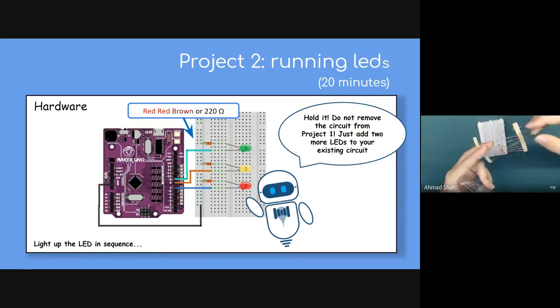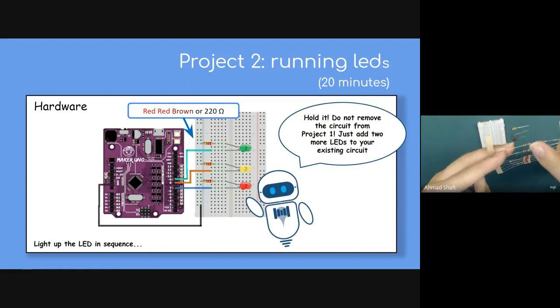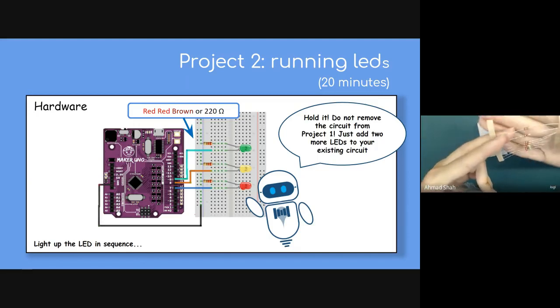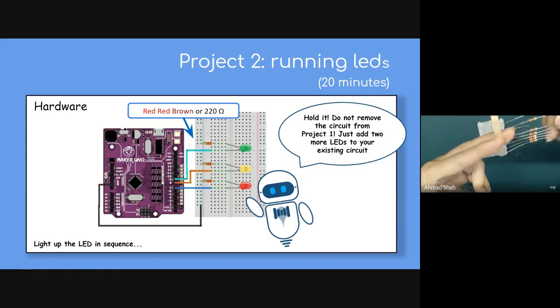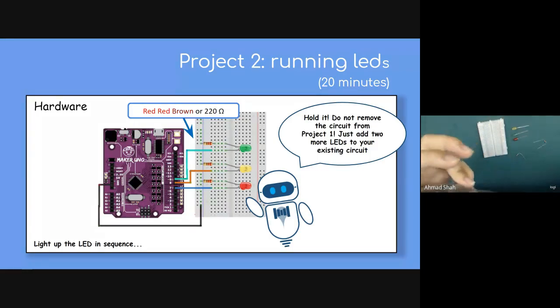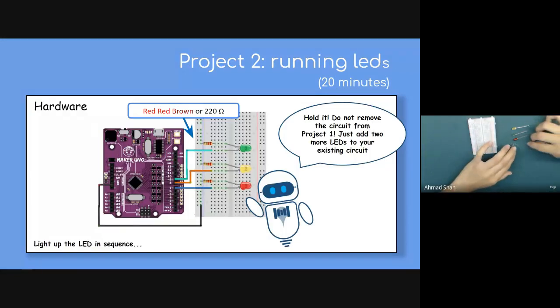You can see the color as well: red, brown, as shown inside the slide. So you take 3 red, brown resistors, which are 3 220 ohm resistors.